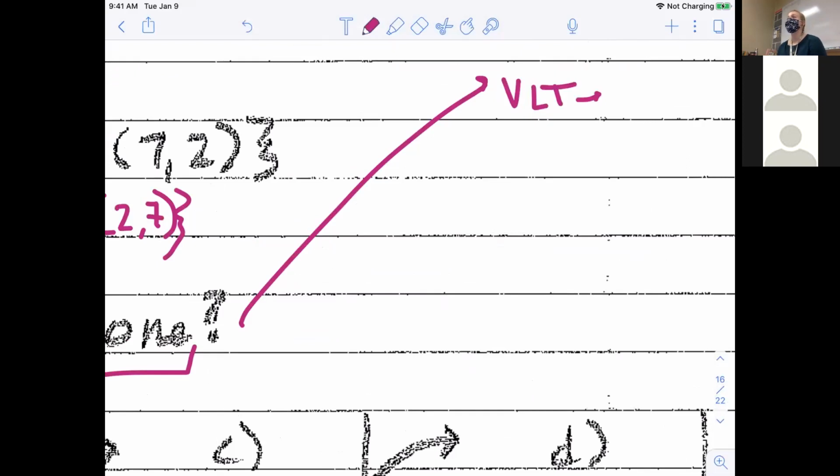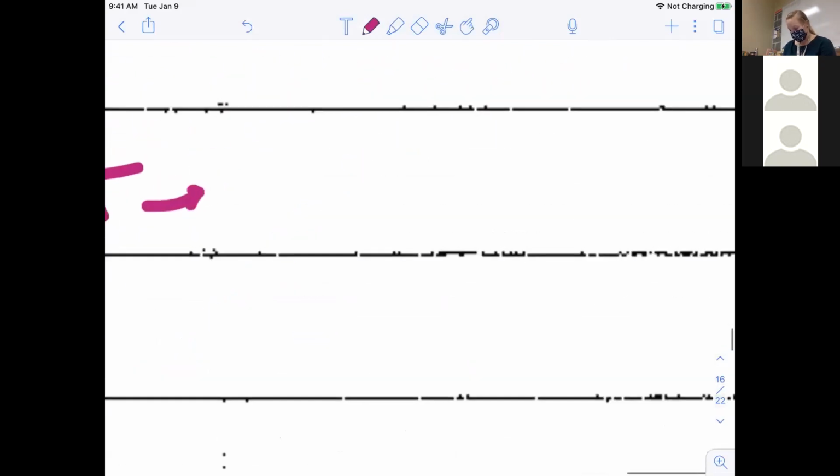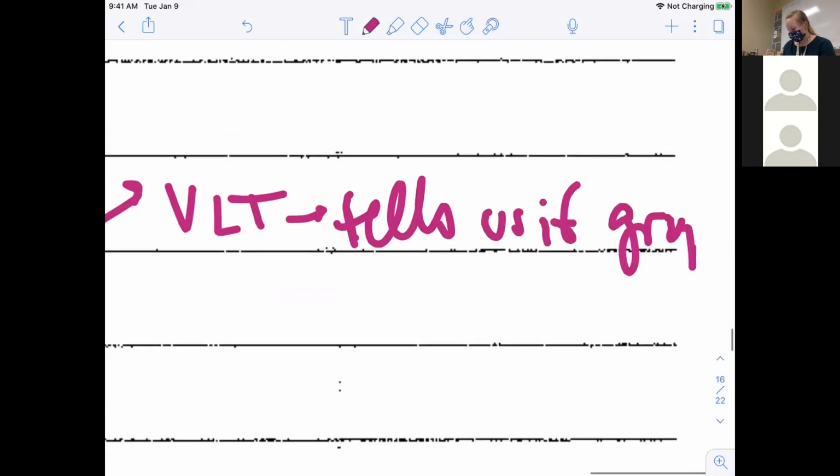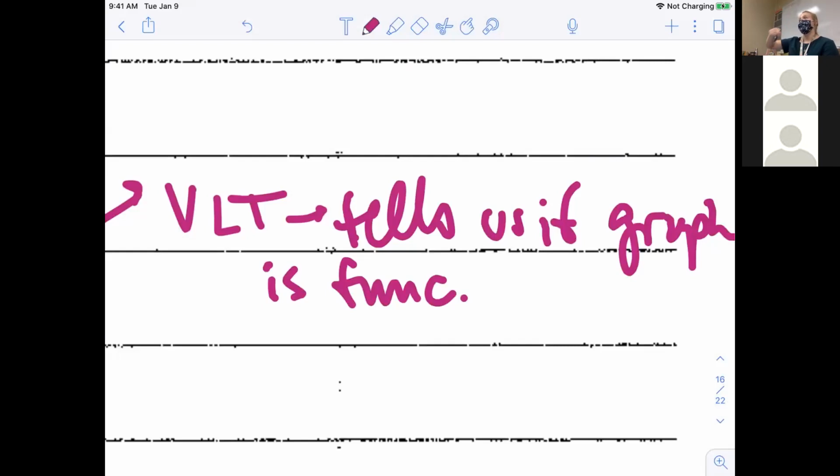A vertical line test is a test we use on a graph in order to tell if it's a function or not. So it tells us if a graph is a function. I'm using FUNC to represent function today. I just don't feel like writing it all out. So the vertical line test tells us if the graph is a function.